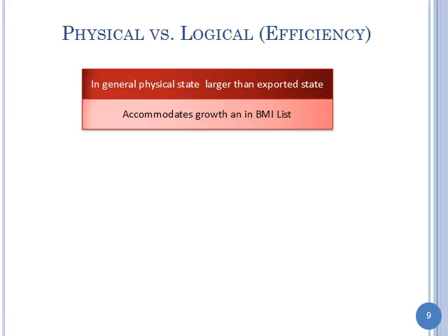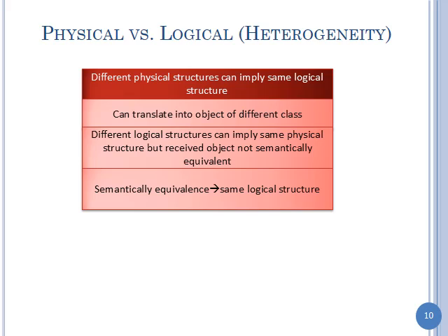Okay, so in general, physical state is larger than exported state, though that's not necessarily true. You could have one integer, and you could have getters for each bit of it, a different getter for each, so the logical state will be larger. With logical structure, you can have semantic equivalence, right? Because you can go from array list to vector and so forth.